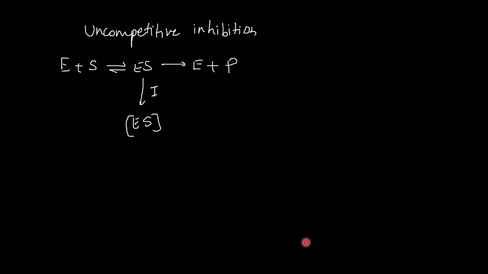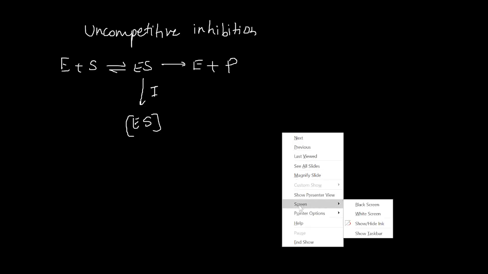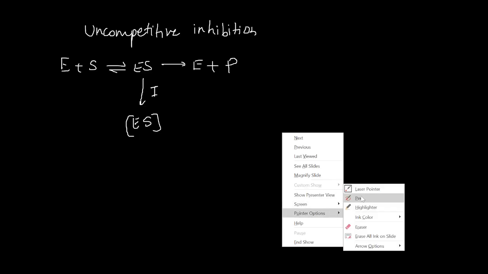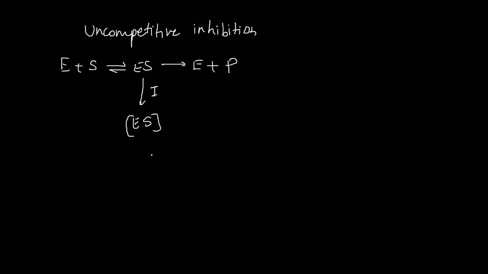Now you see that this inhibitor is binding to the ES complex. It means the Vmax is going to be decreased, because with the same formula you can say Vmax is equal to kcat multiplied by the total enzyme concentration in your assay.